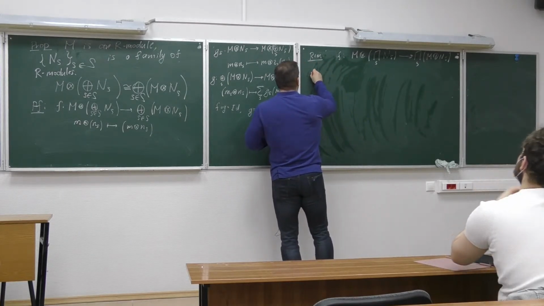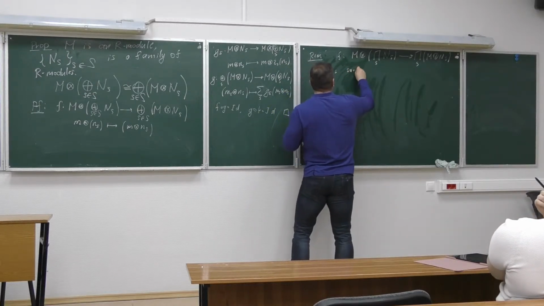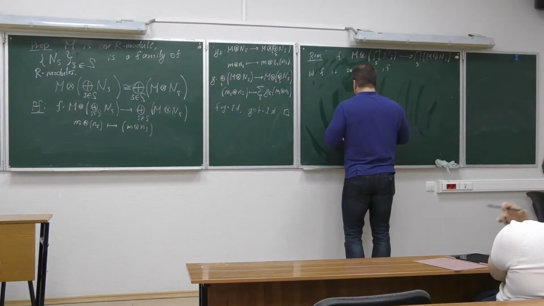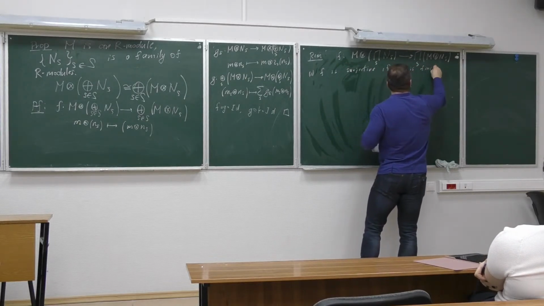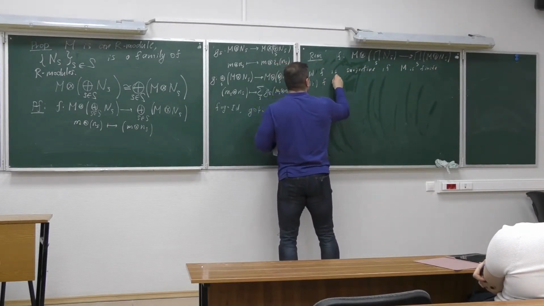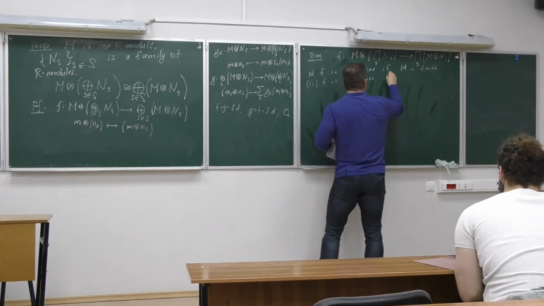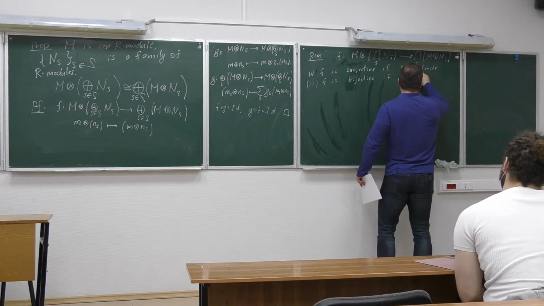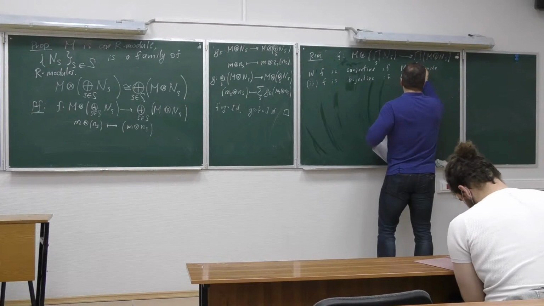First, F is surjective if M is finite, and the second property, F is bijective if M is finitely presented.